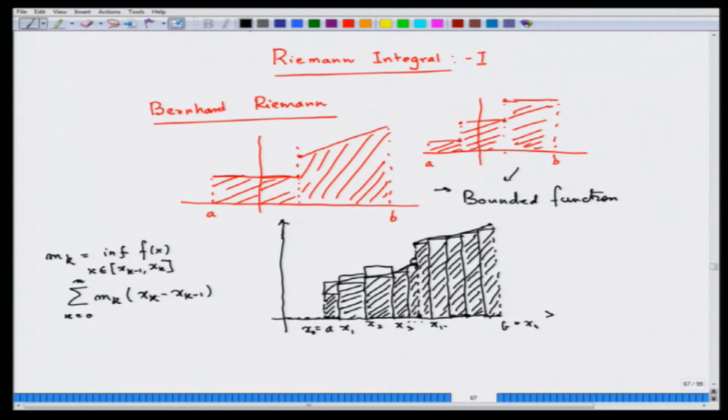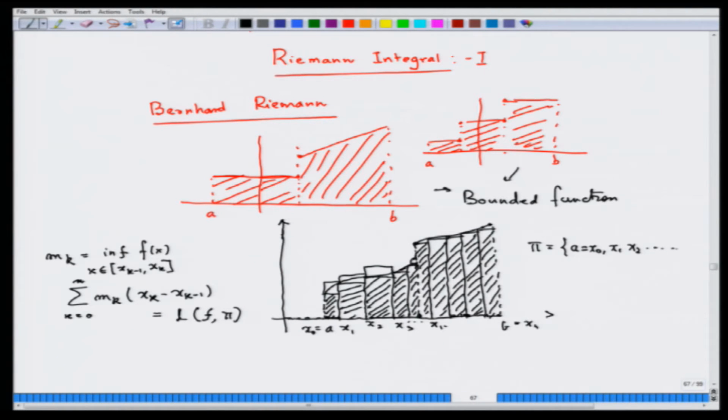Now, this one is called the lower Riemann sum, actually the lower Darboux sum of f under a partition pi, where pi is the partition a equal to x 0, x 1, x 2, and so on.